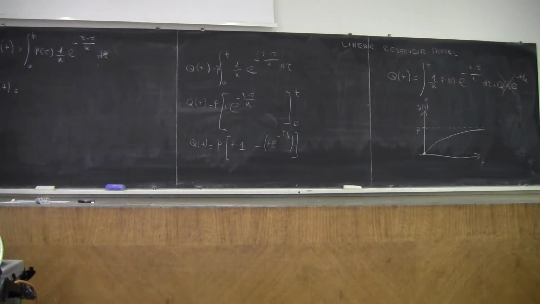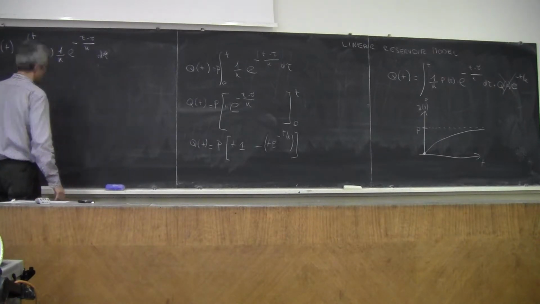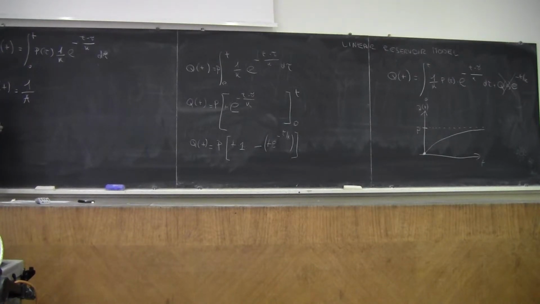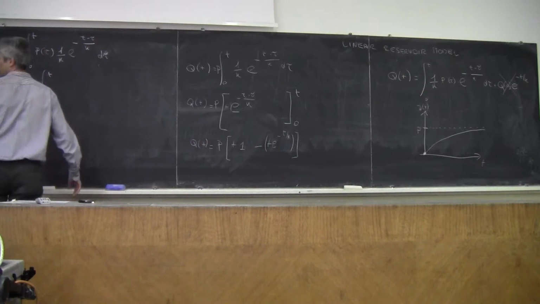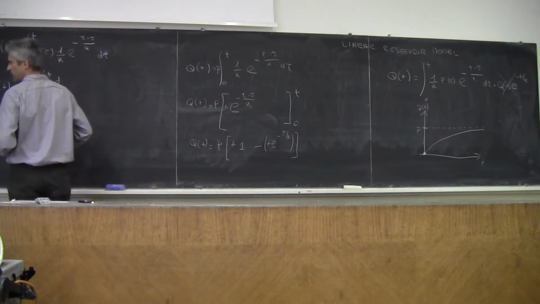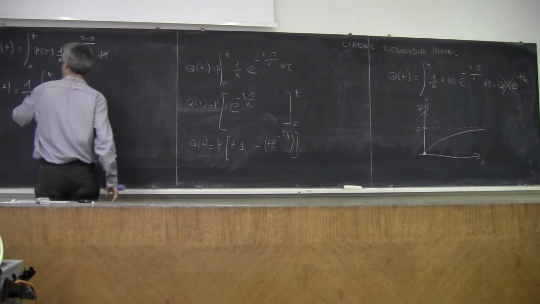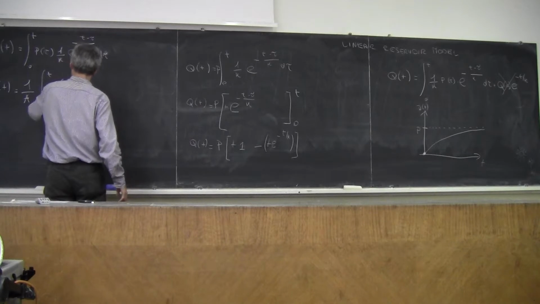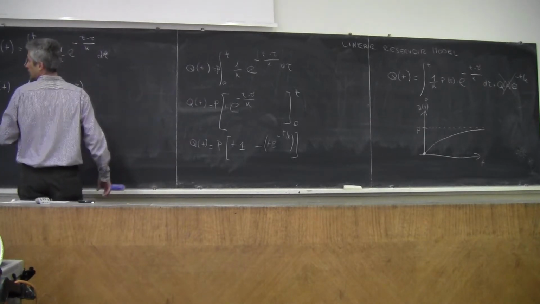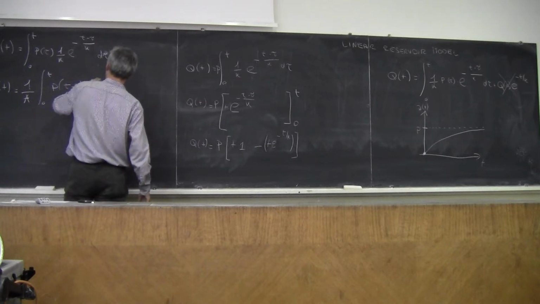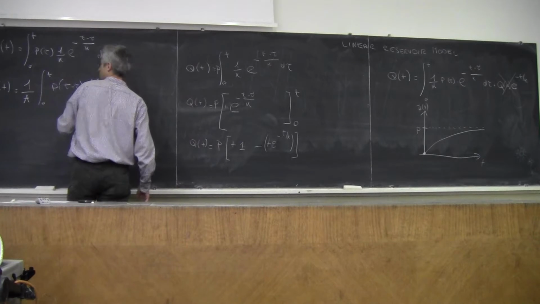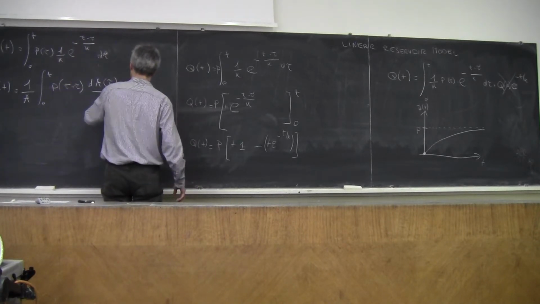There is a change of variable that we have to make if we want to compare the two relationships, because here I'm using I, instead there I'm using P. So basically let me just take a change of variable by dividing the integral by 1 over a, and then I can write the integral between 0 and t of the rainfall first, the t minus tau, d tau.